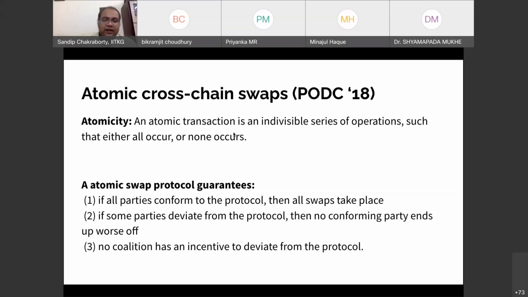And if some parties deviate from the protocol, then the remaining parties remain in the same state. It doesn't happen that if some party deviates from the protocol, it affects the balance of the system. Typically, if you form a coalition within the network, no such coalition exists that has an incentive to deviate from the protocol. So if they deviate, they will not get any additional incentive. This is what the atomic swap protocol guarantees.